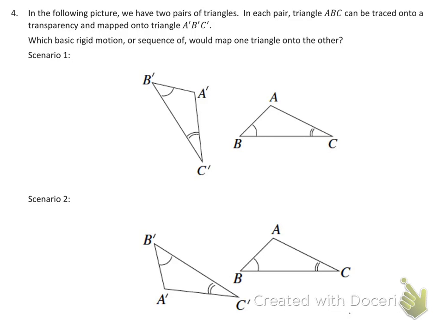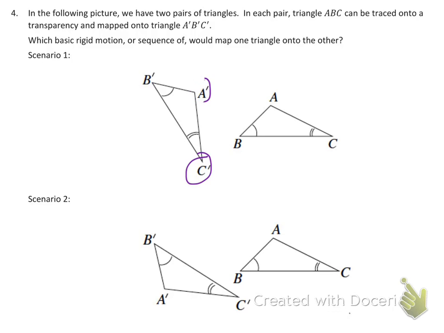Okay, so now we're in exercise 4, and these triangles are completely separated from one another, no points in common. So we need to map each vertex of the triangle onto the other.